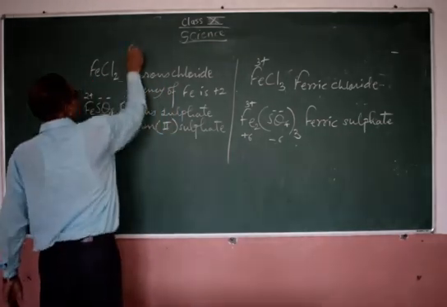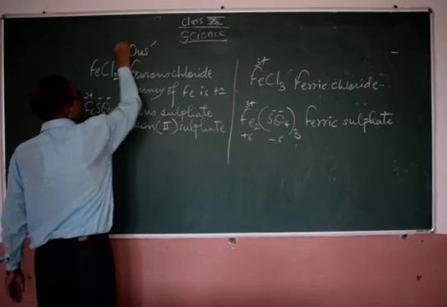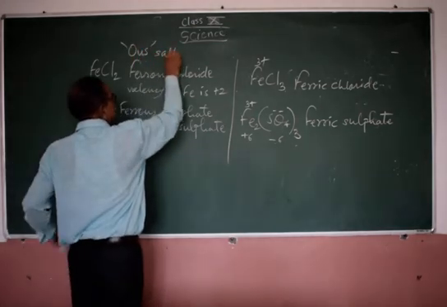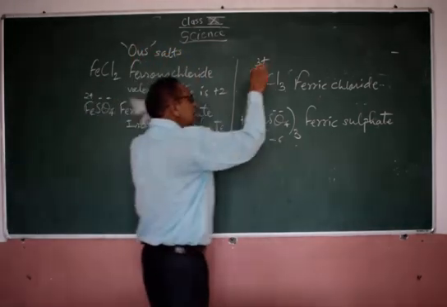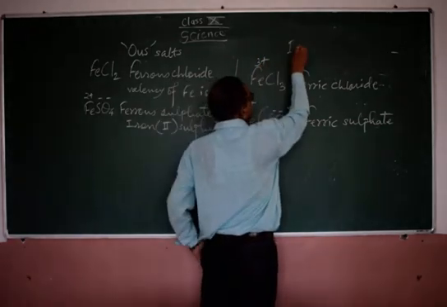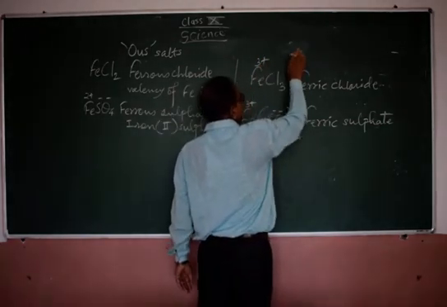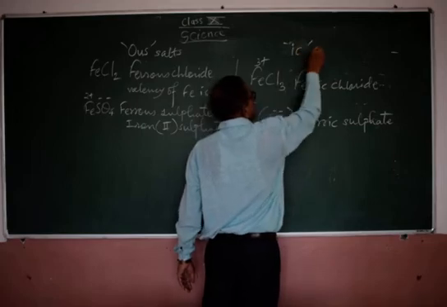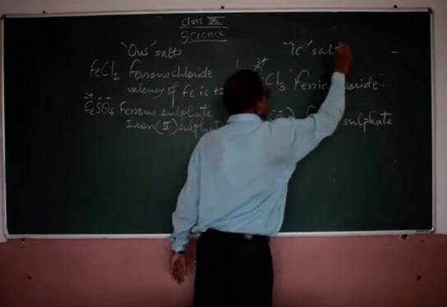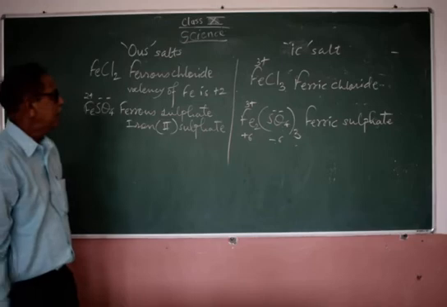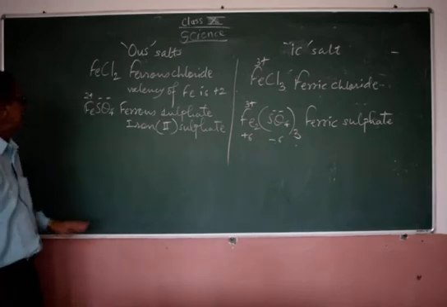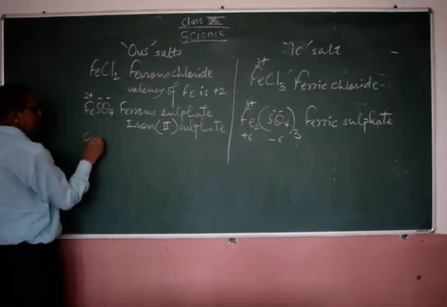And these are called ic salts. And here this is ous salt, or you can write ous salt. Then number of examples.